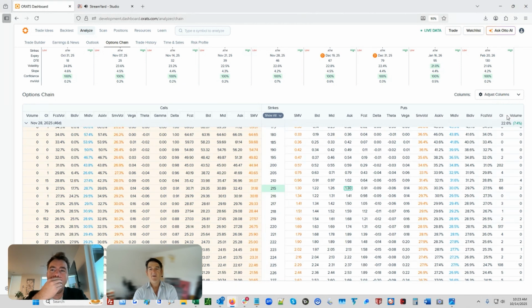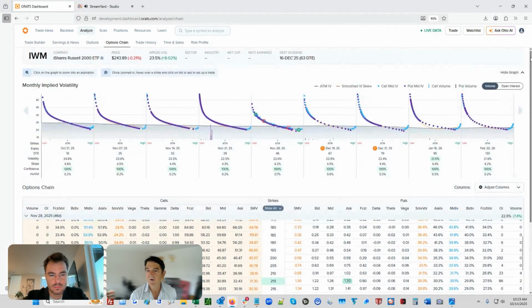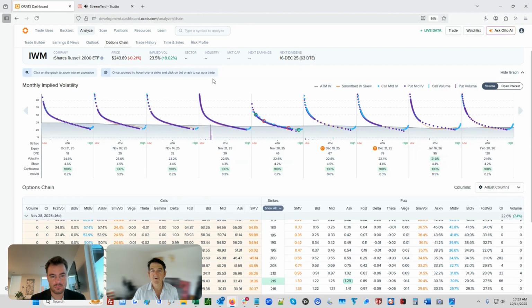Those are the pillars that we always talk about: the research pillar, the execution pillar, the risk management pillar, and the review. Those are all things that you need to be doing in order to be a successful trader. And the theoretical values are one of the things that you want to make sure are in your favor when you're trading, Tyler.